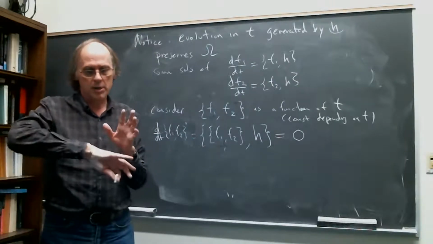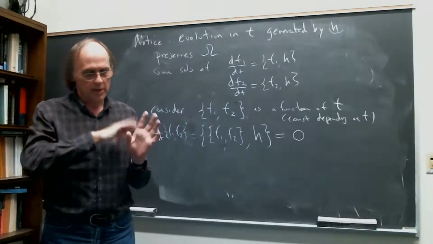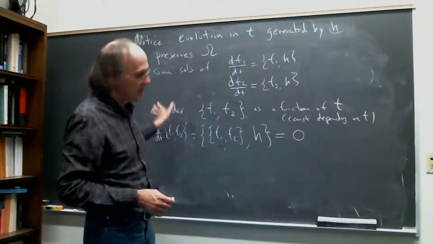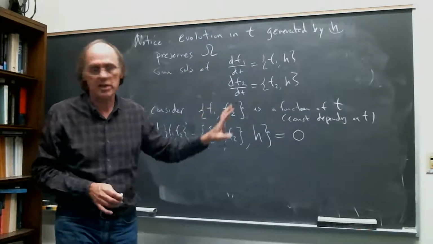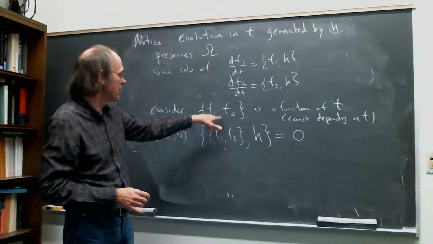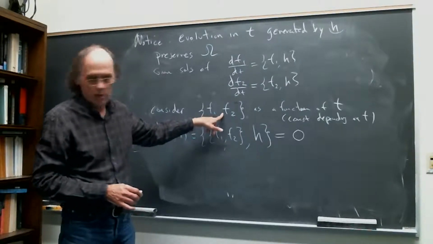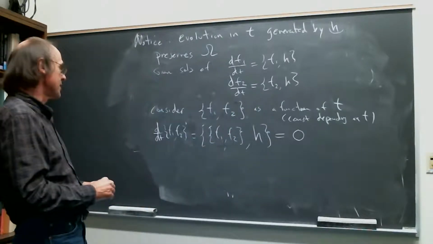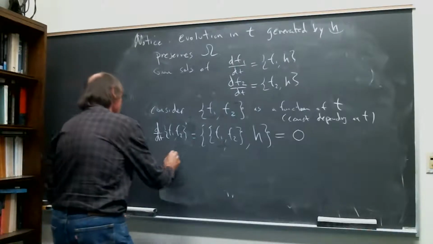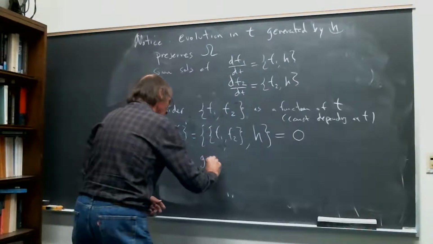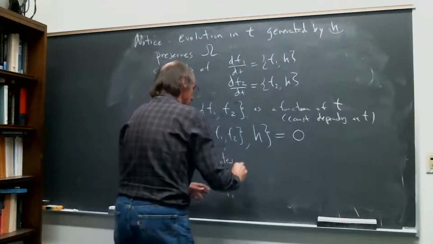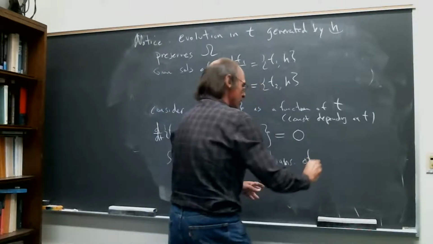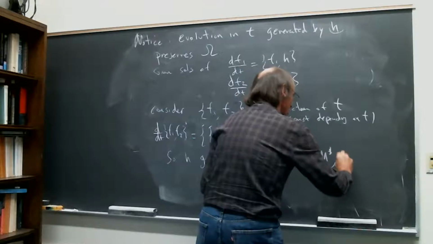This h kind of generates for each t a linear transformation of the space m star, but it's not just any linear transformation. It's a linear transformation which preserves the Poisson bracket, which preserves omega. So the idea is that h generates linear transformations of m star preserving omega.